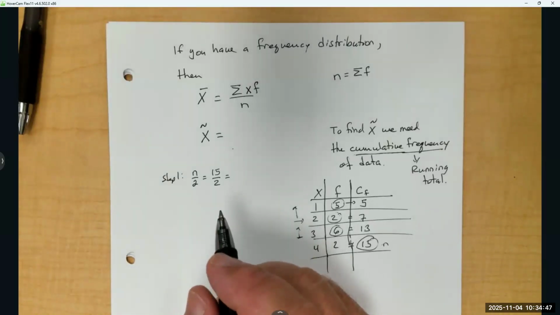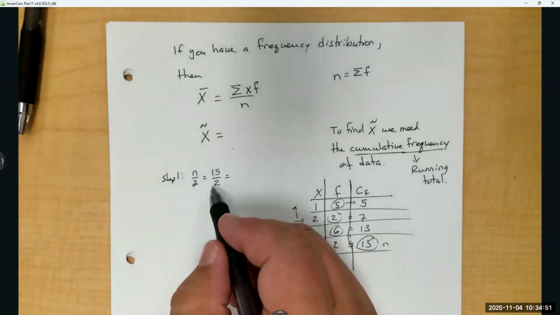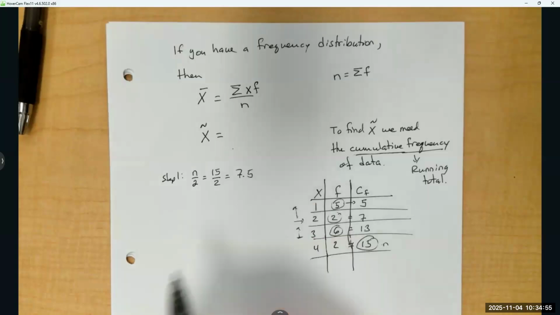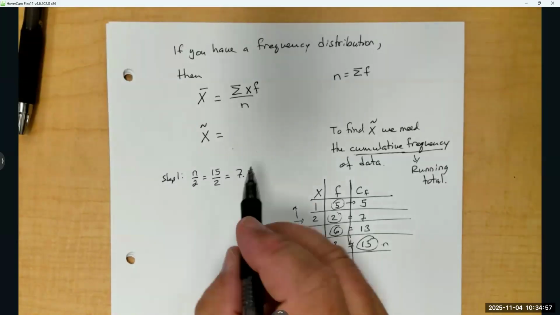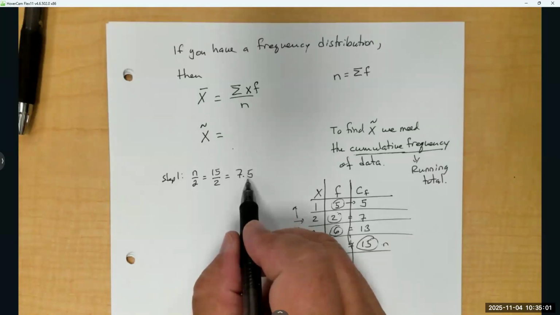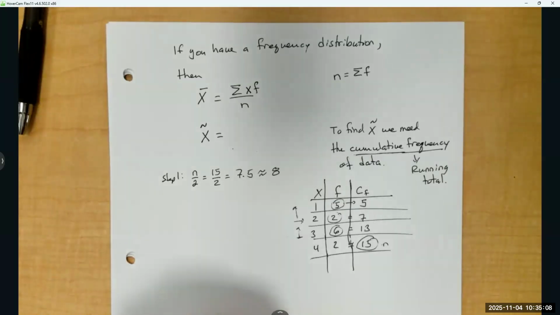If it's 14, 14 divided by 2 is 7, so it's a little bit more than 7. It's 7.5. Okay, if it's a decimal, what do we do? Round it up to the next digit.